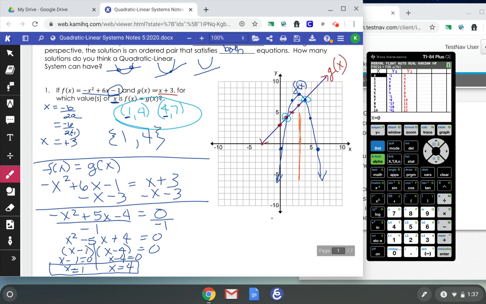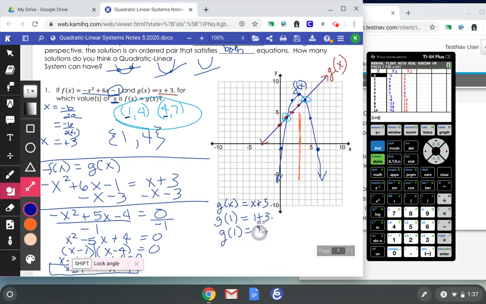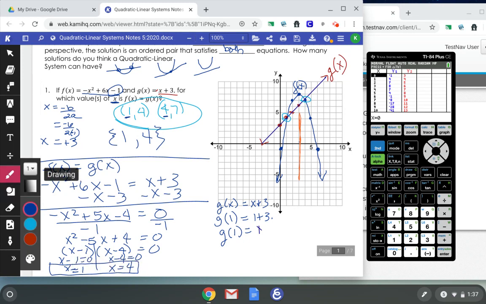So let's say if x is 1, we have g of x equals x plus 3. If our x value is 1, what would be the y value that goes with it? 4. So you have the point (1, 4) is one of your solutions. Okay? Do the same thing for your second point.